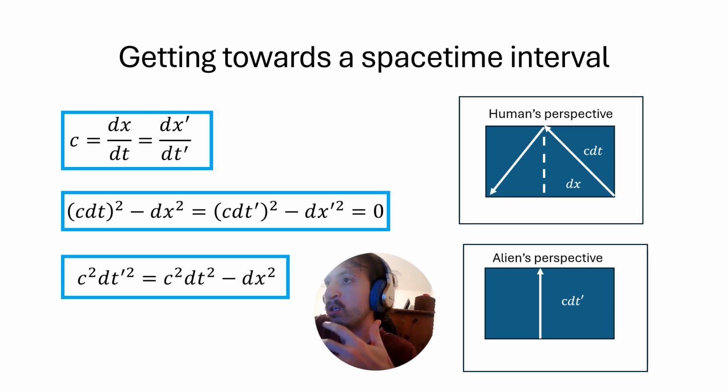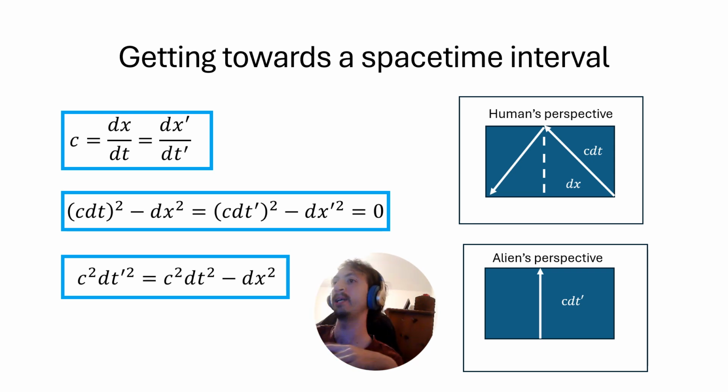But because the alien considers himself as stationary, and the light beam as having no horizontal velocity anyway, dx prime, the horizontal distance the alien thinks he has travelled, is 0. And therefore there is actually a dx prime here. It's just that dx prime is 0, so I haven't included it.